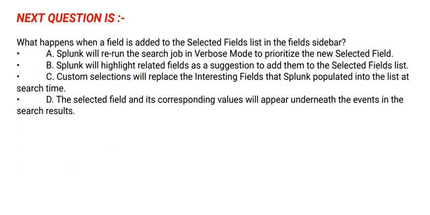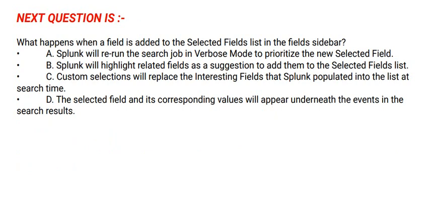The correct option is option C. Next question is, what happens when a field is added to the selected fields list in the fields sidebar? Options are: Option A, Splunk will rerun the search job in verbose mode to prioritize the new selected field.